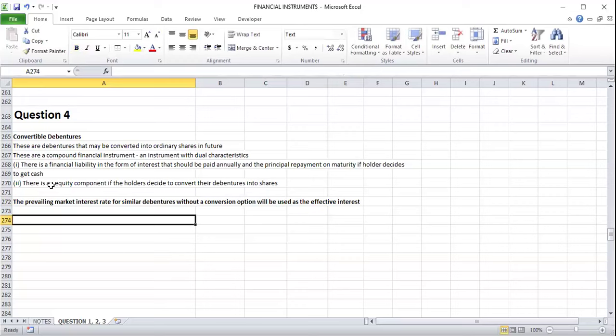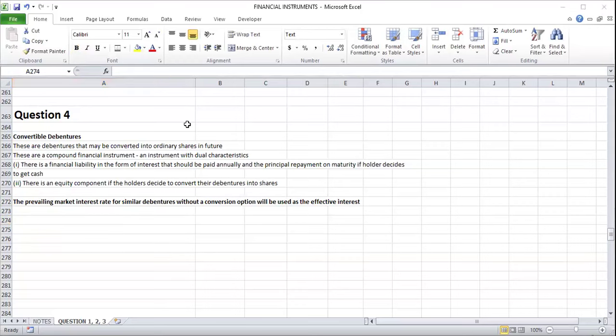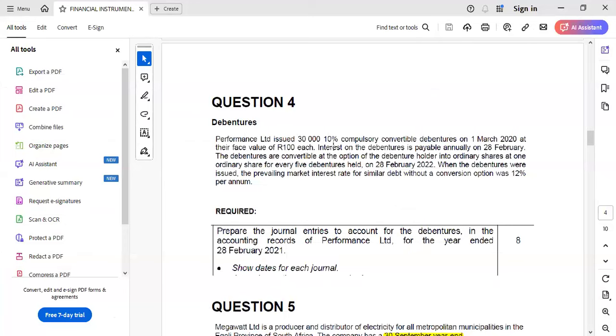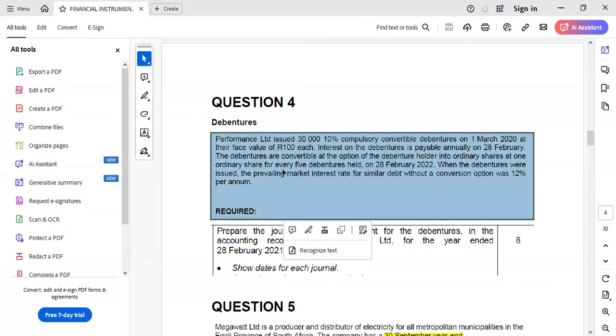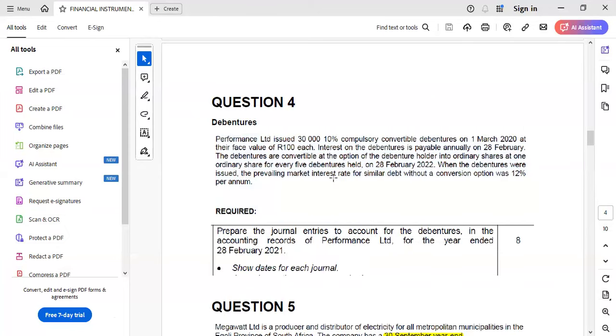Right. So in this particular case, we have issued 30,000 convertible debentures at face value, and we were told that the debentures are convertible at the option of the holder, one for every 5.